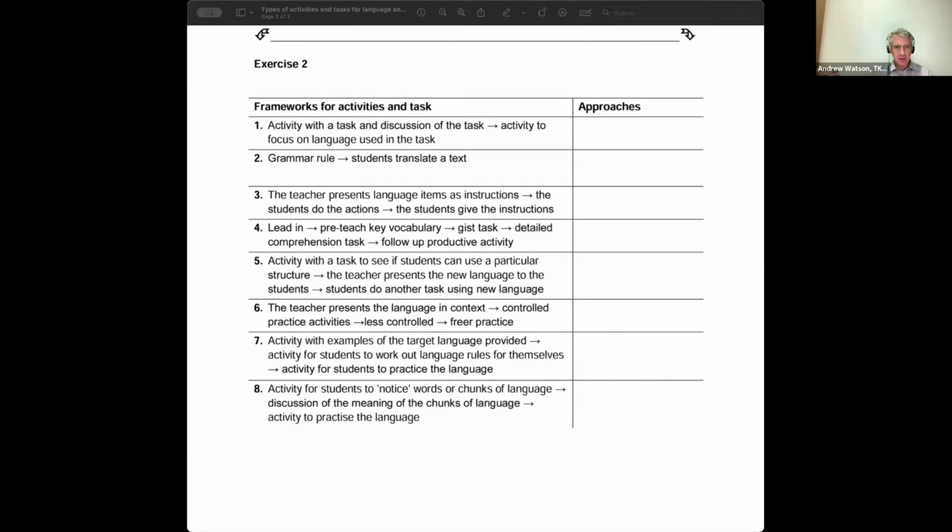Six, that's PPP, presentation, practice, production.